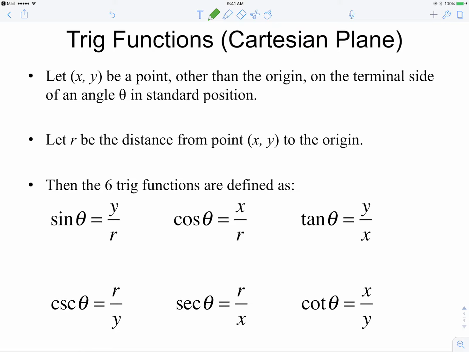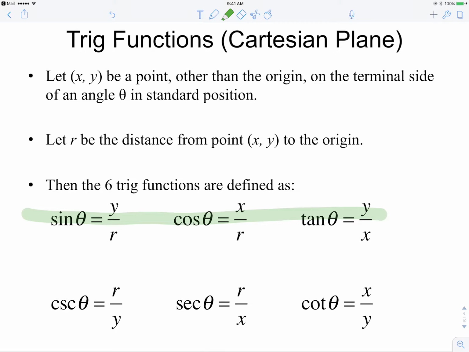These are our 3 trig functions in terms of x, y, and r. x and y are the ordered pair that define a point in the xy plane, and r represents the distance of that point to the origin. In the unit circle, r is always equal to 1.